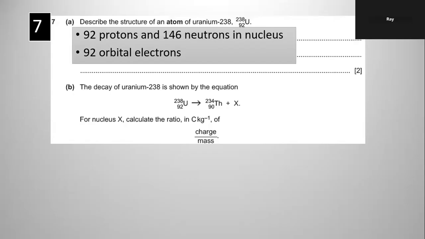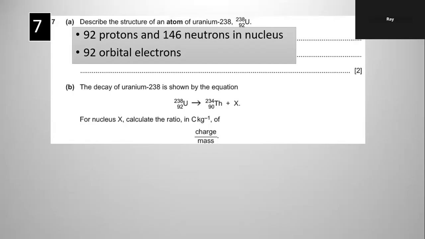The number of electrons and number of protons is the same for a neutral atom. Okay or not? Yes. Decay of uranium-238 is shown by the equation.